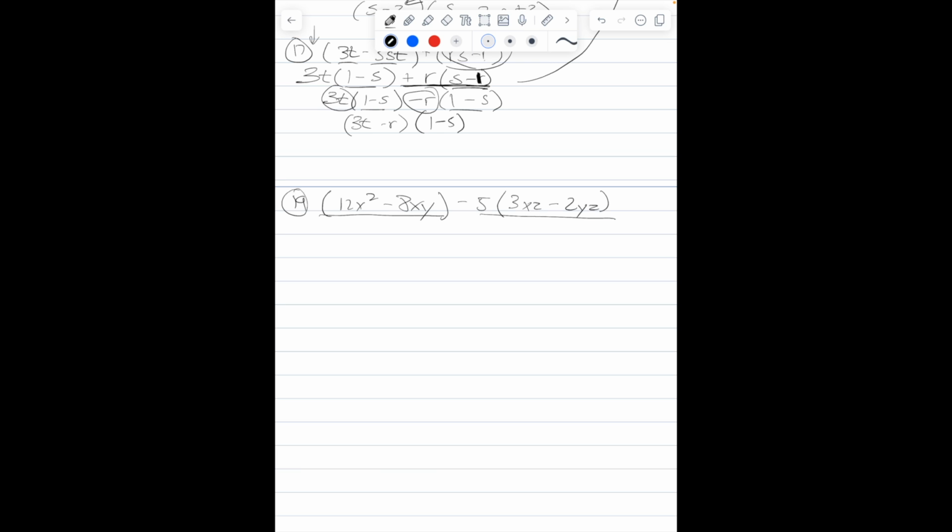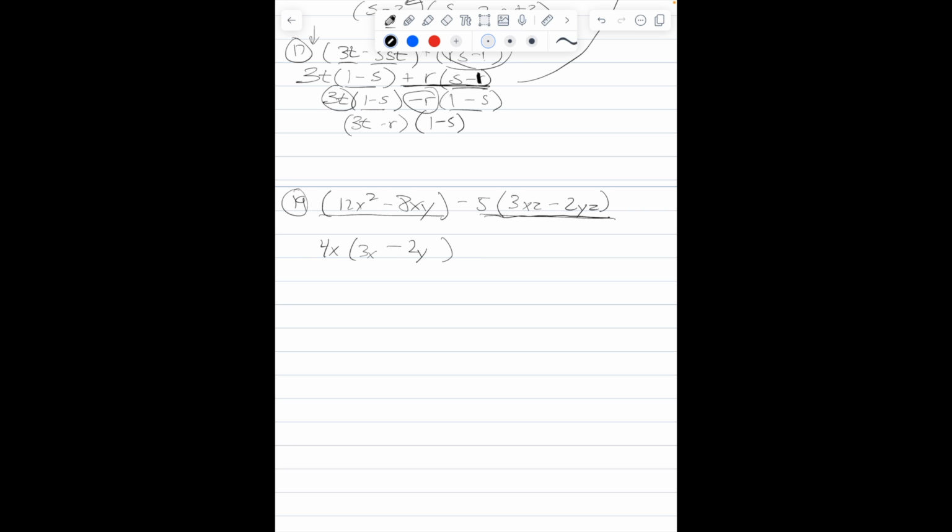Then we'll look at the whole thing. So let's look at this first one, 12x squared minus 8xy. I can see that 4x is the largest common factor. Once I take that out, 12x squared divided by 4x is 3x, minus 8xy divided by 4x is 2y. And now I'm ready to look at this second term.